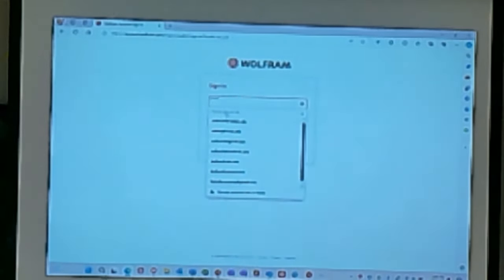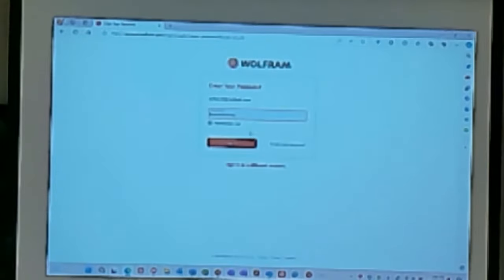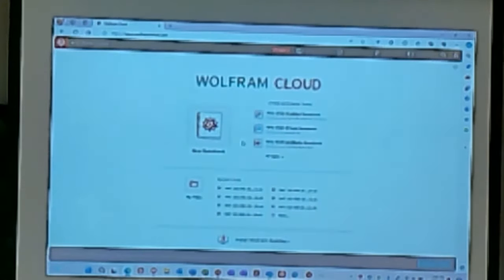I actually just discovered they updated the free account. You now have unlimited saves. It's just they delete after, I think, 30 days. So you can only store files for like 30 days for the free account. But you can still download the file, which is really cool.